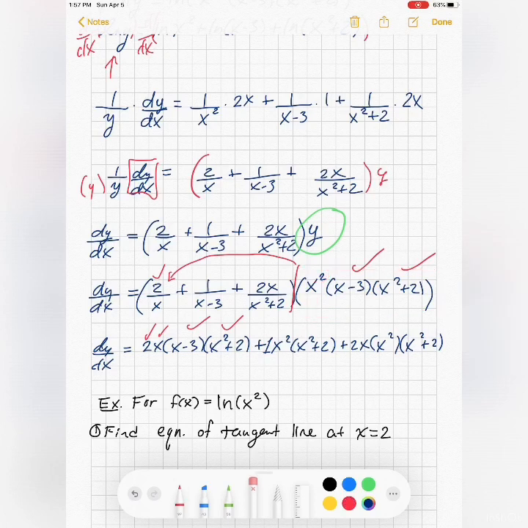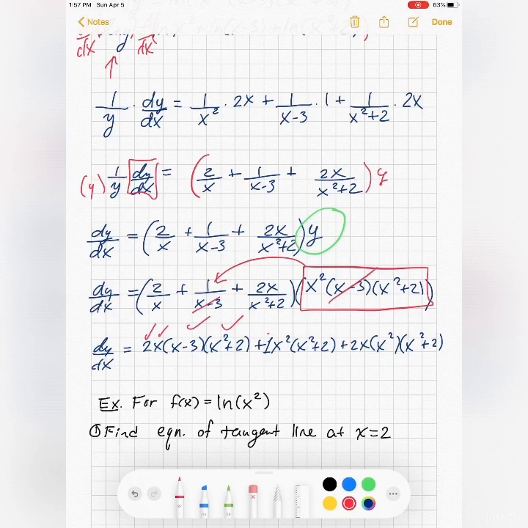Okay, let me clean up again. And then, taking all of this, distributing it here, my x minus 3 would cancel. So I'd have my 1, my x squared, and my x squared plus 2. That looks okay.